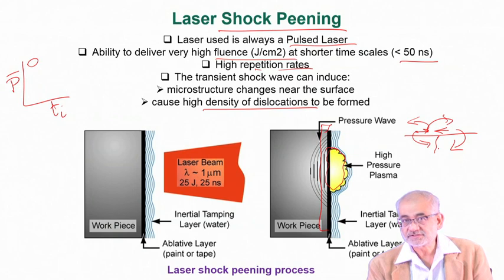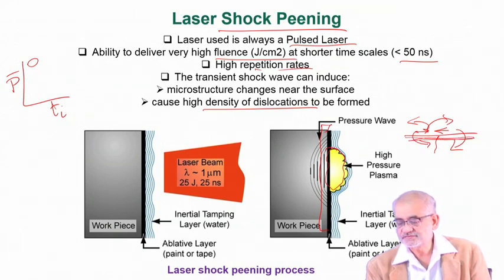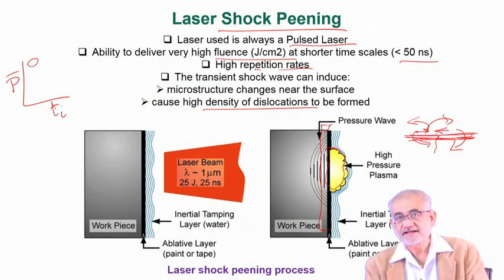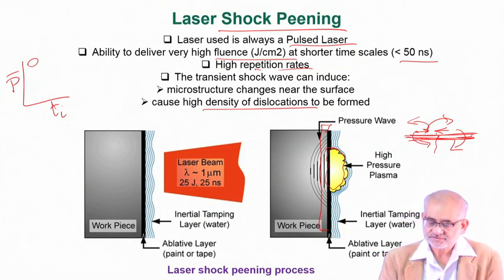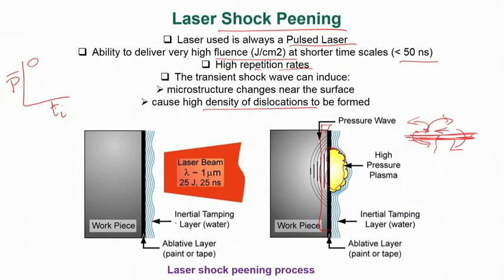So under normal circumstances, when you create such high residual compressive stress in the near surface region, it acts to prevent crack formation or crack propagation, and that helps the component acquire higher resistance to wear, fatigue, or any mechanical damage to the surface. And this is done by laser in a very precise manner.